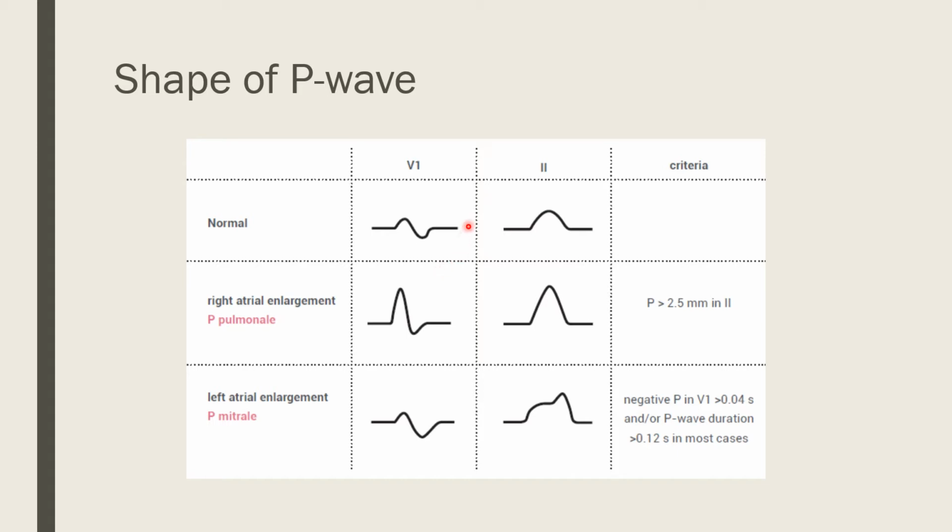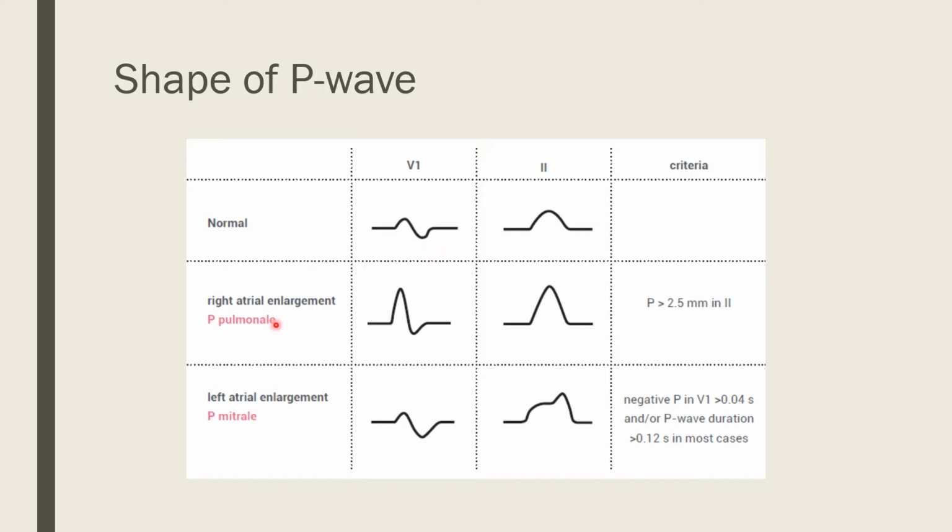Usually we can check the P wave in lead 2 or in V1 or V2. In lead 2, this is the normal shape of the P wave, and in lead V1 or V2, this is the normal shape, a biphasic P wave.